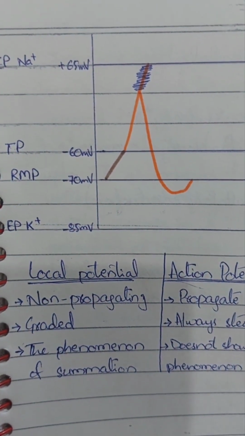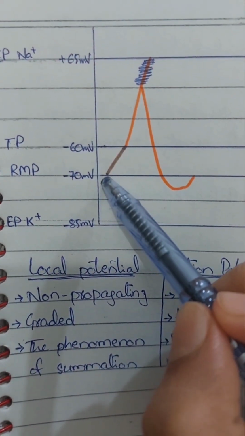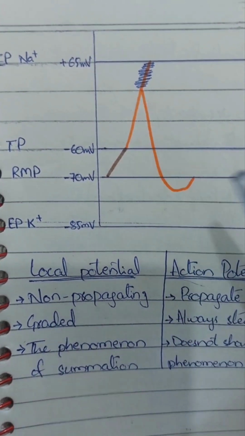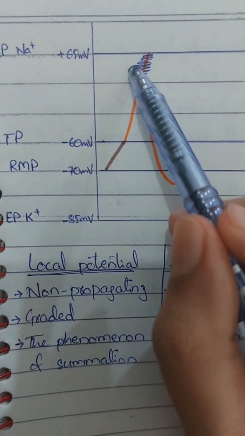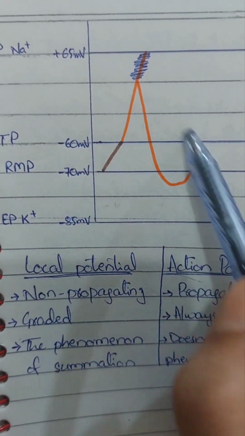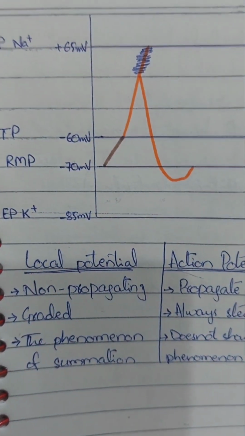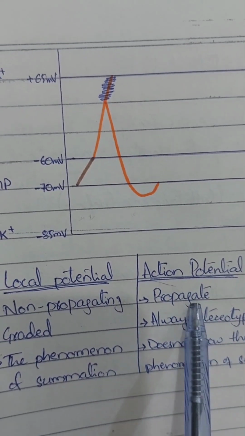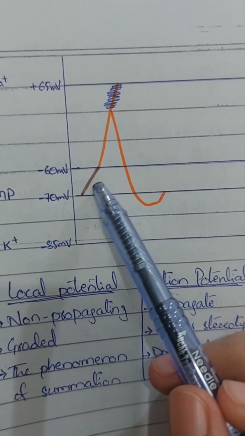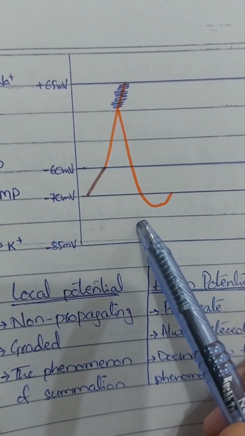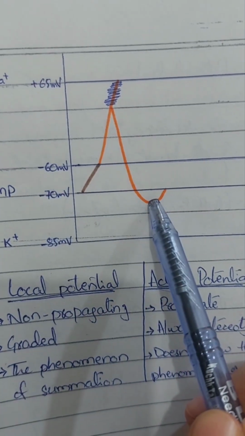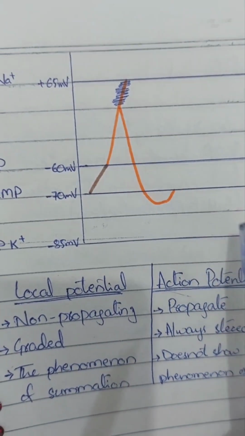But in case of the action potential, once the action potential is started, no matter how strong a stimulus you give, another action potential will take place only once the first one ends. Action potential is time and voltage dependent. It requires enough voltage to start and enough time to complete one action potential, then another is generated.